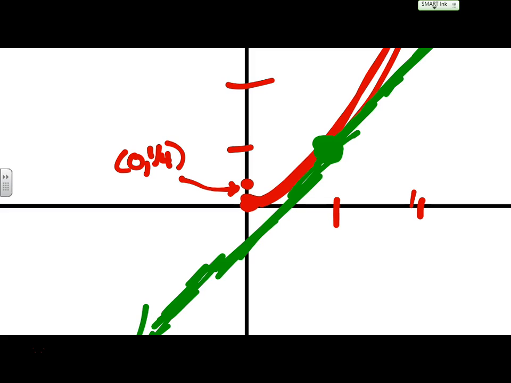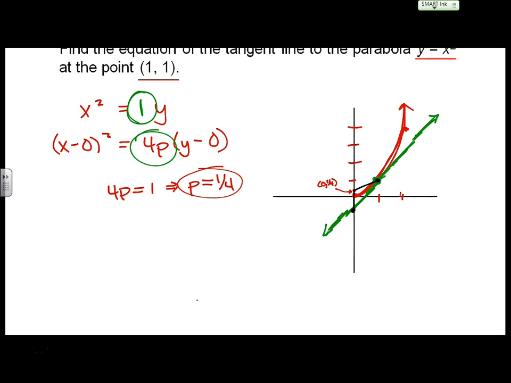The distance D between the focus and the point is going to be the same distance between the focus and the tangent line. So all I need to do is what we said on the page before.